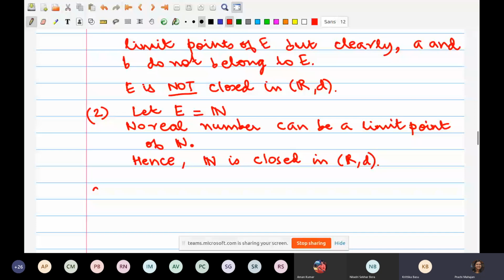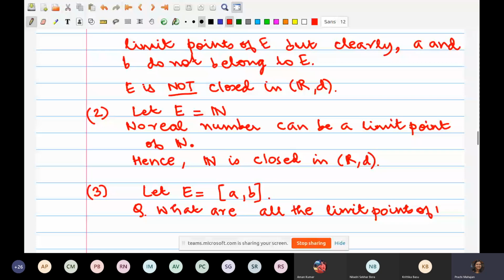Yes. So let's take example 3. Let's take E to be this time the closed interval AB. So my question to you would be, what are all the limit points of E in this example?